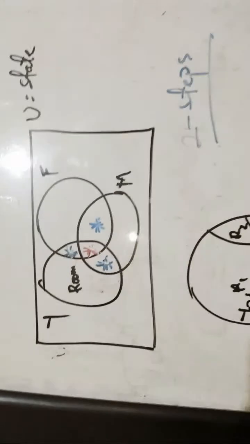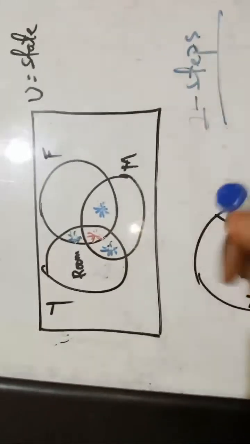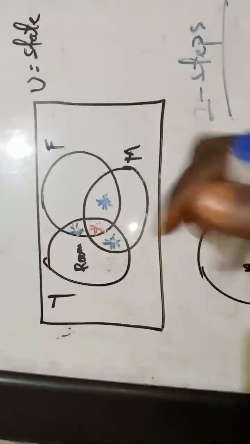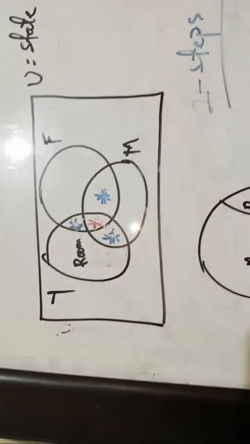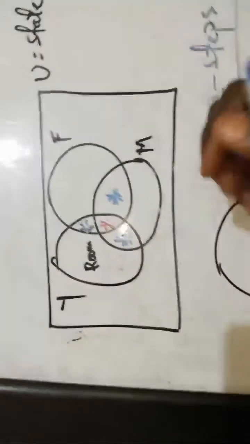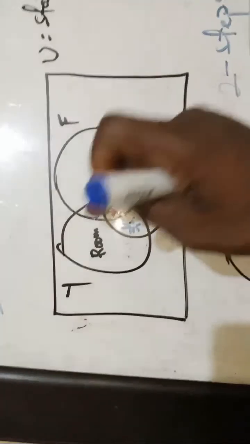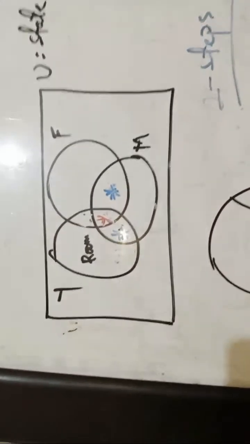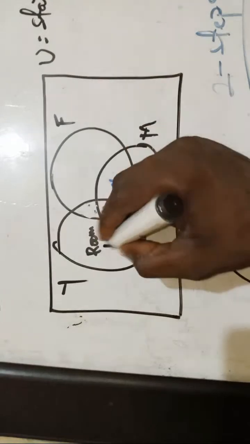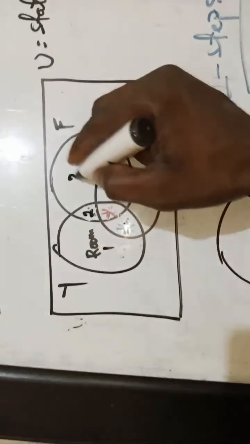So one, if the question says that 5 people sleep in this room, right? So maybe I should name the rooms here so that you can see. Let's name this room 1, room 2, room 3.